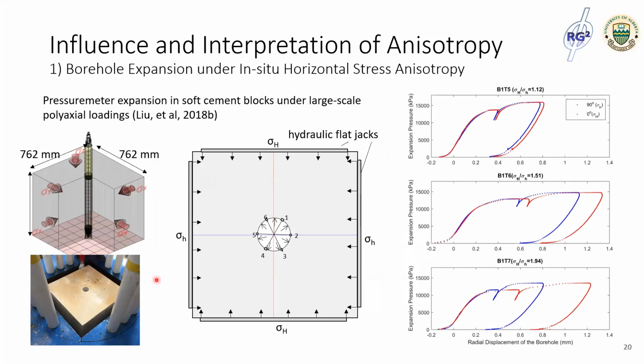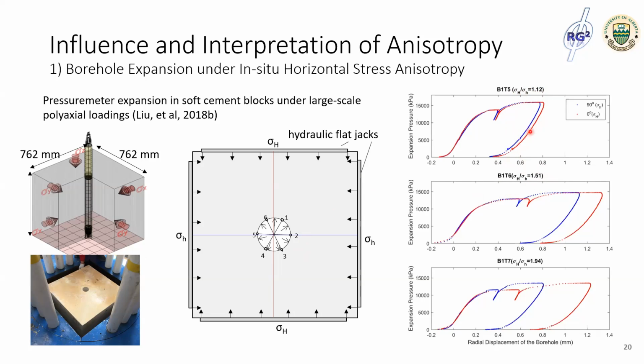Then the boundary loadings were applied by hydraulic flat jacks at the side. We tested 3 different stress ratios, sigma maximum H over sigma minimum H, in 3 blocks, and it confirmed the larger expansion. As you can see, the red dotted line here has larger expansion after yielding.